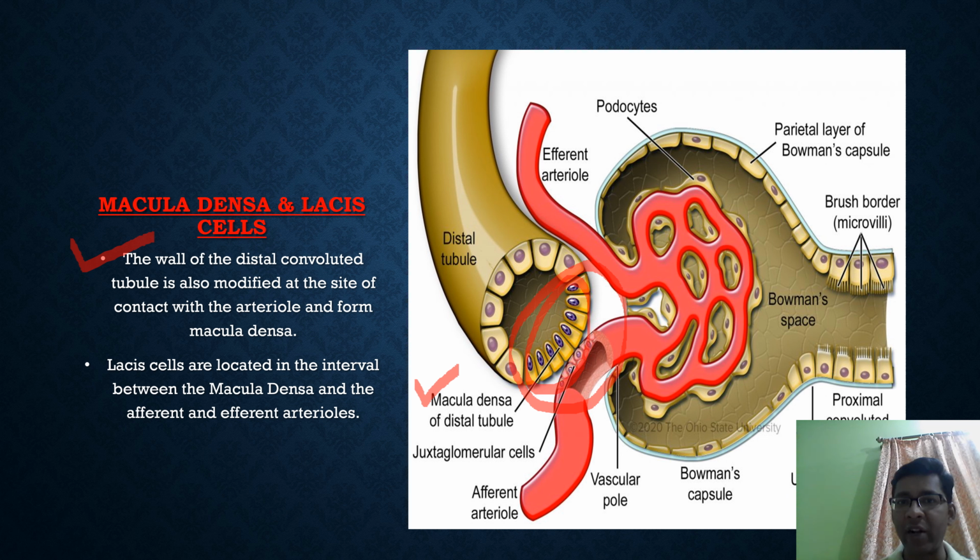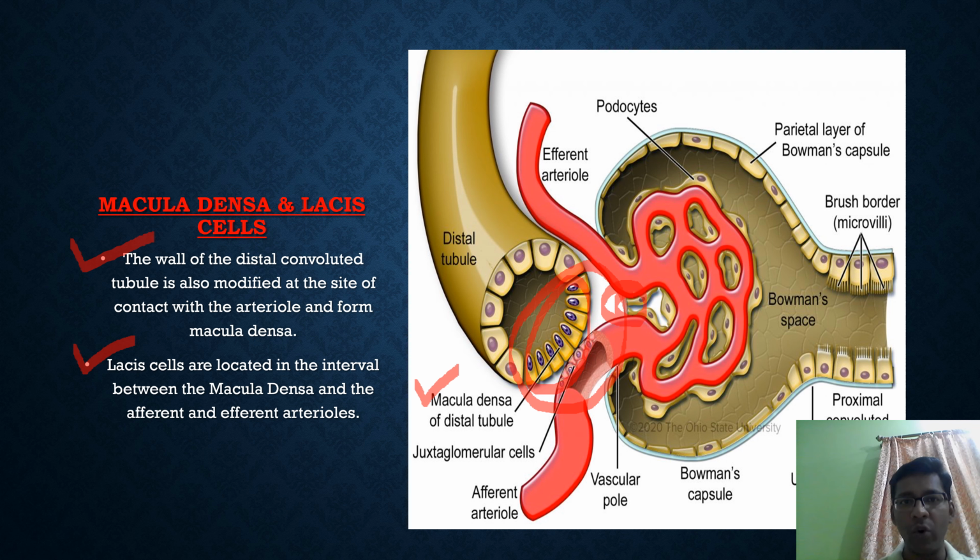It is also a part of the juxtaglomerular apparatus, and lacis cells are located in the interval between the macula densa and the afferent and efferent arterioles. So, nothing but here remain the lacis cells. So, this circle is the situation of the juxtaglomerular apparatus, and it is important for the enzyme renin, which is secreted from the juxtaglomerular cells.